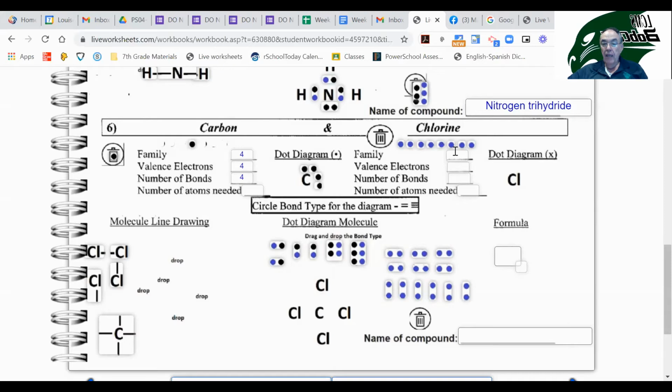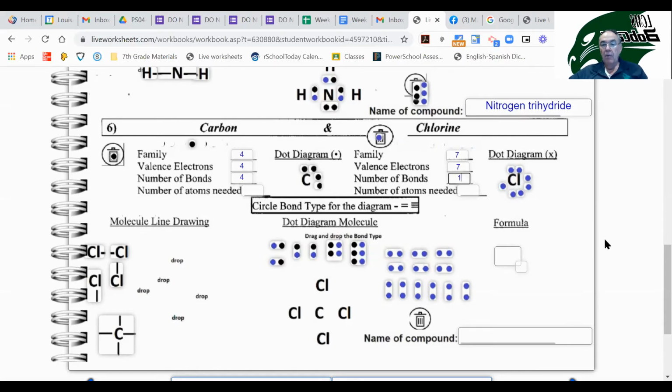We're bonding to chlorine, and we find out if it ends in INE, it's in family 7, and it has 7 valence electrons. So we're going to put the 7 dots on its dot diagram. We're going to throw this extra one away.